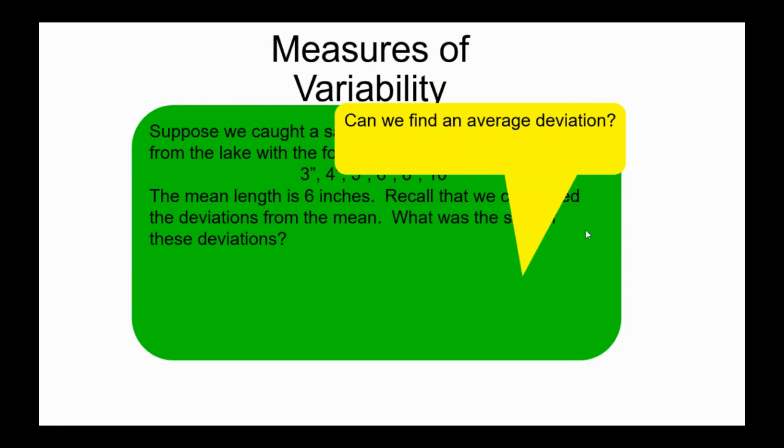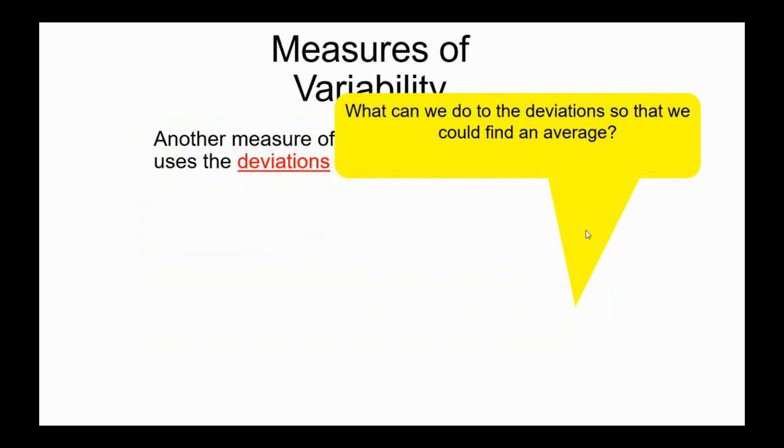0. So using that, can we find an average deviation? What's 0 divided by anything? So does that tell us much? No. So what can we do then to the deviations that would allow us to find an average?